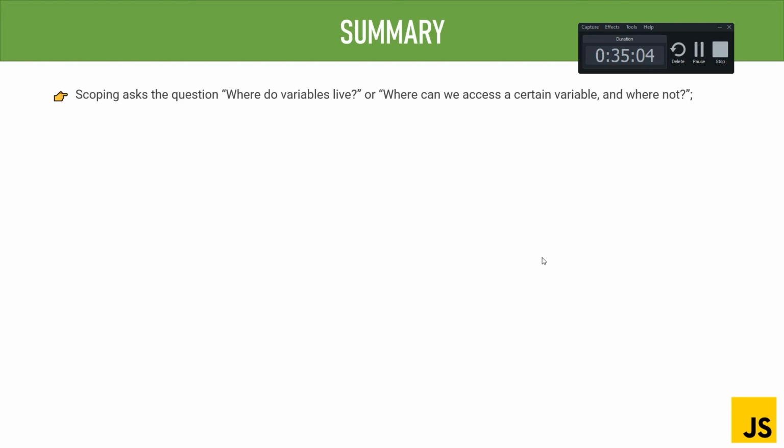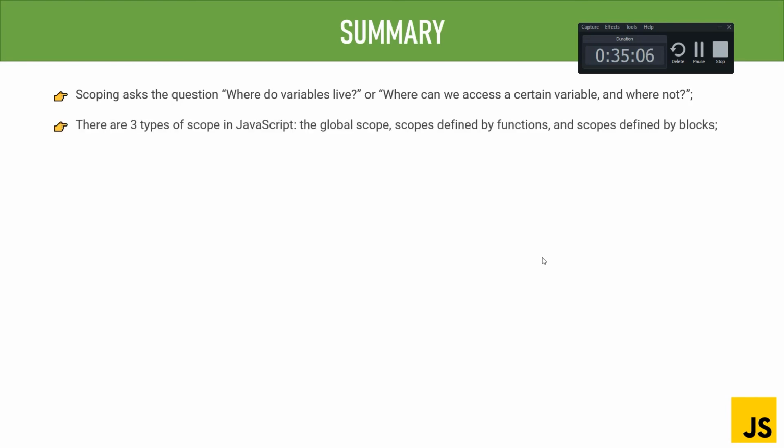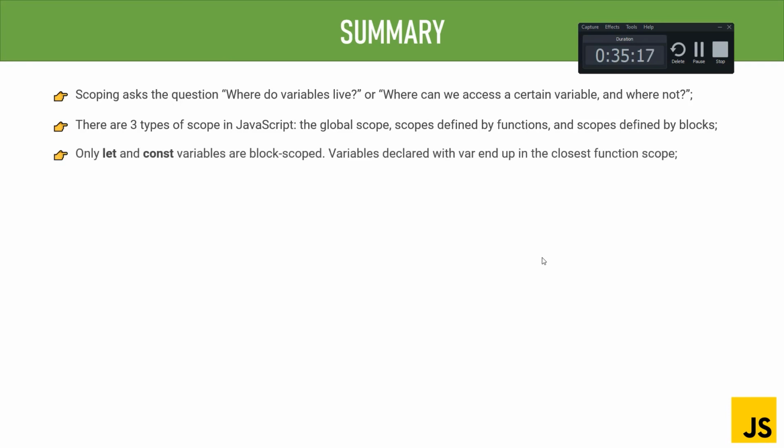Now there are three types of scope in JavaScript: the global scope, scope defined by functions, and scope defined by blocks, starting in ES6. However, only let and const variables are block scoped. Variables declared with var end up in the closest function scope.